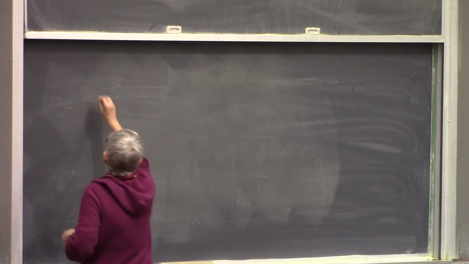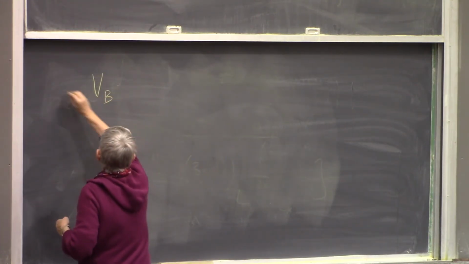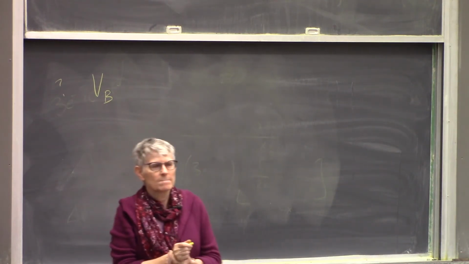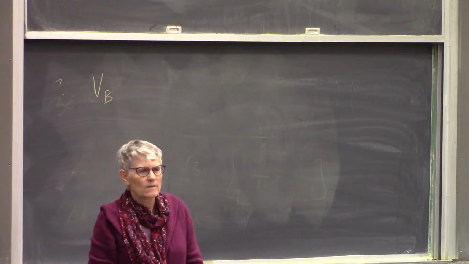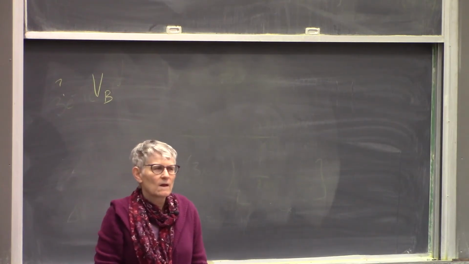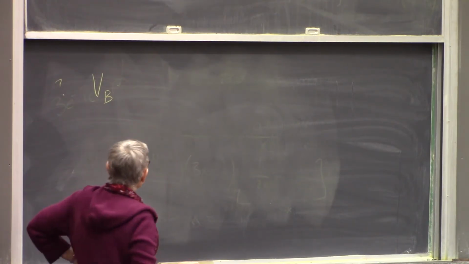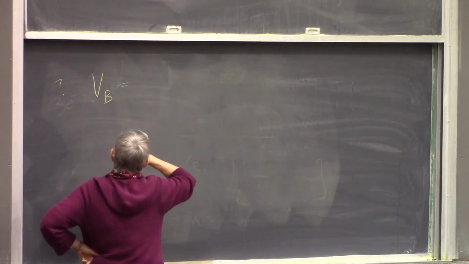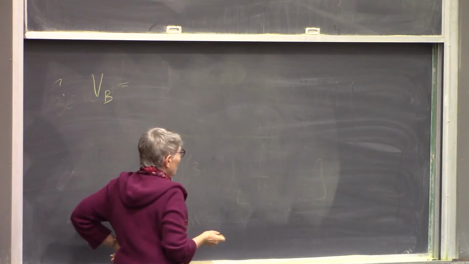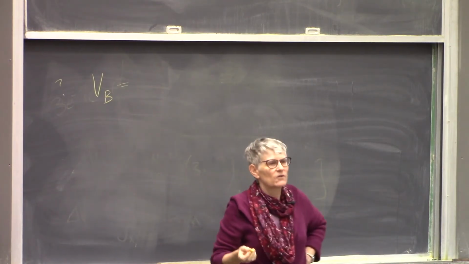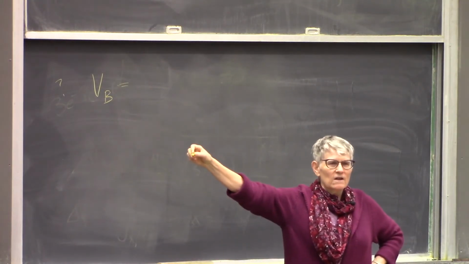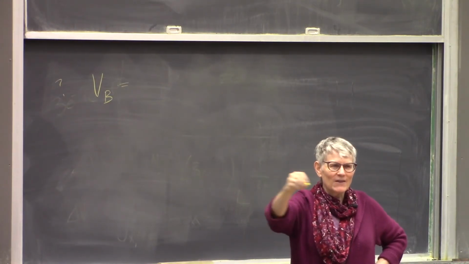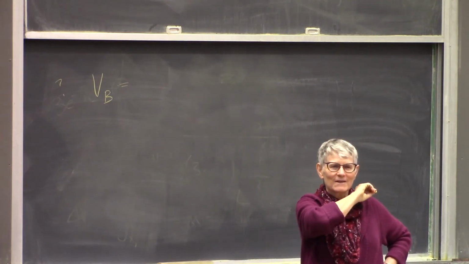So what is V sub B? Well, it turns out that it's the result you'd get if you started infinitely far away and walked along a path to location B.